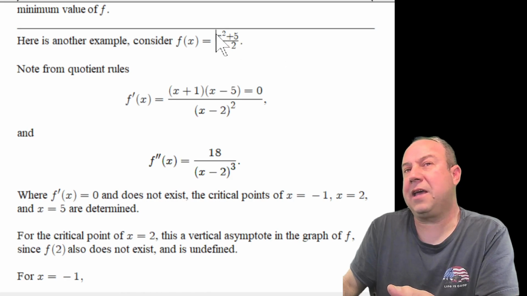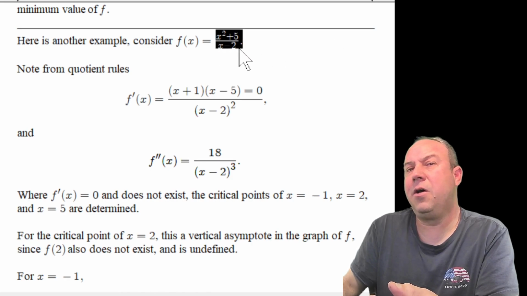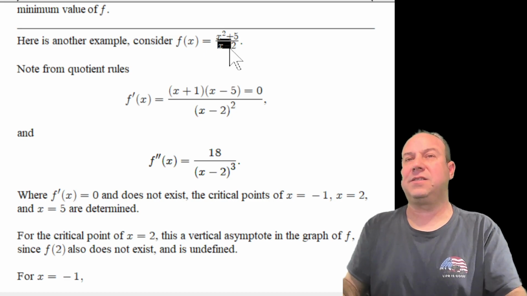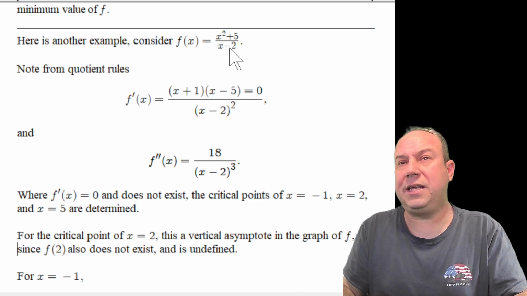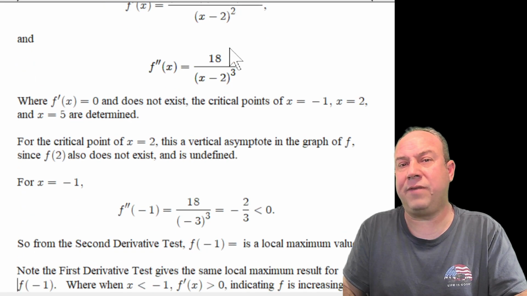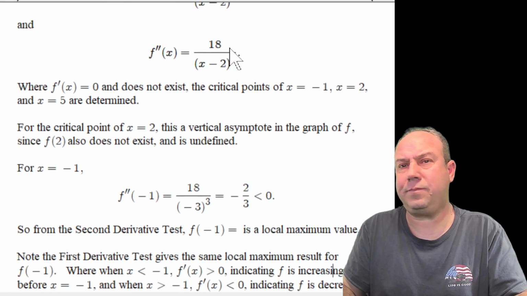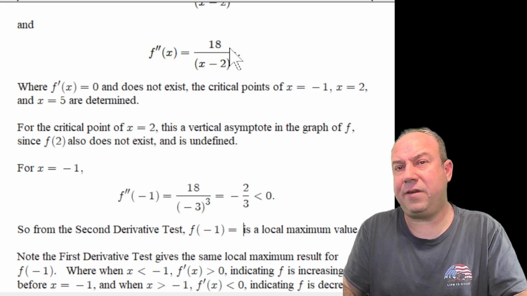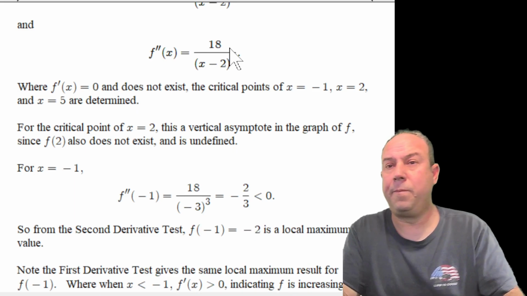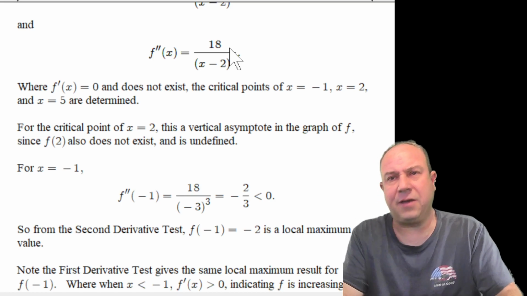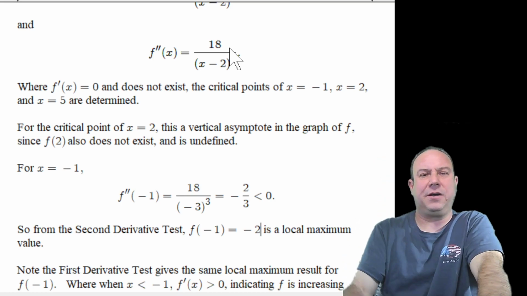If we plug in -1 up here, that'll be 6 over, what is that, -3? So 6 divided by -3 is going to equal -2. F at -1 equal to -2 is a local maximum value. Now we should see that in the graph later here.